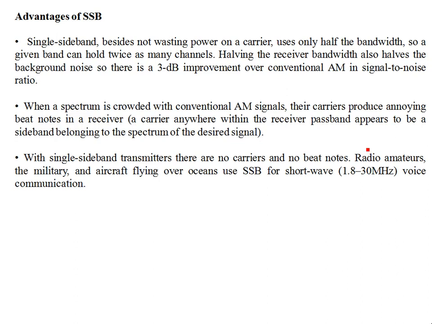Okay, so before we see how we can generate single sideband modulation, why do we need to generate it? What are the advantages that SSB offers over conventional AM? If you are transmitting a suppressed carrier, okay, so let's say this is a suppressed carrier, and then there is an upper sideband and a lower sideband.